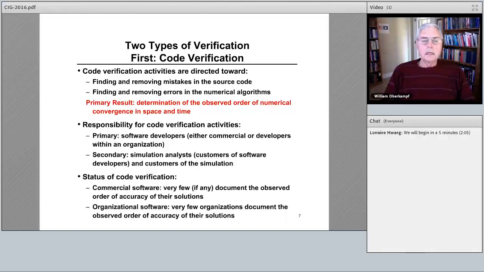For example, if you were a regulatory authority and they ask you what has been done in code verification, that is a very appropriate question. Frankly, what is the status of code verification? Commercial software, very few, if any, document the observed order of accuracy or the observed order of convergence of their solutions. It's just very rarely done.